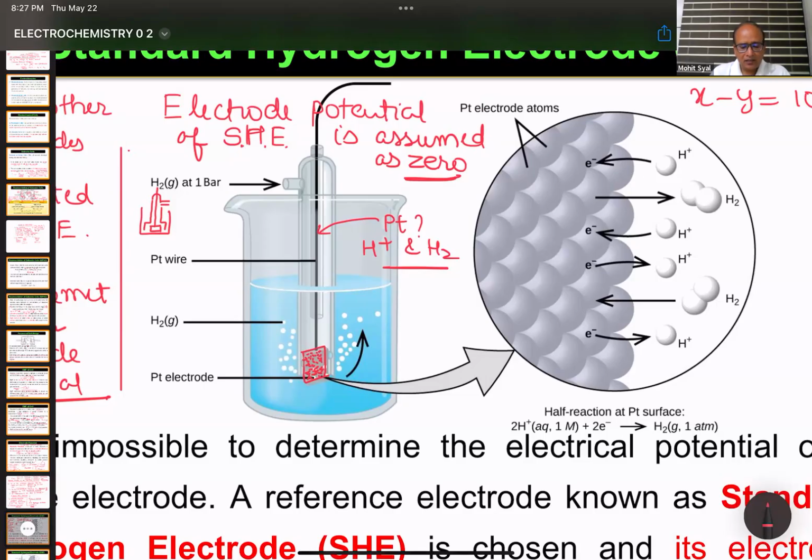This is the platinum wire, and hydrogen gas is bubbled at 1 bar. Hydrogen gas is bubbled through the 1 molar HCl solution, 1 molar because it is a standard hydrogen electrode, so it should be 1 molar. 1 molar is the standard concentration at 298 kelvin. So 1 molar HCl means 1 molar H plus, and the hydrogen gas is bubbled.